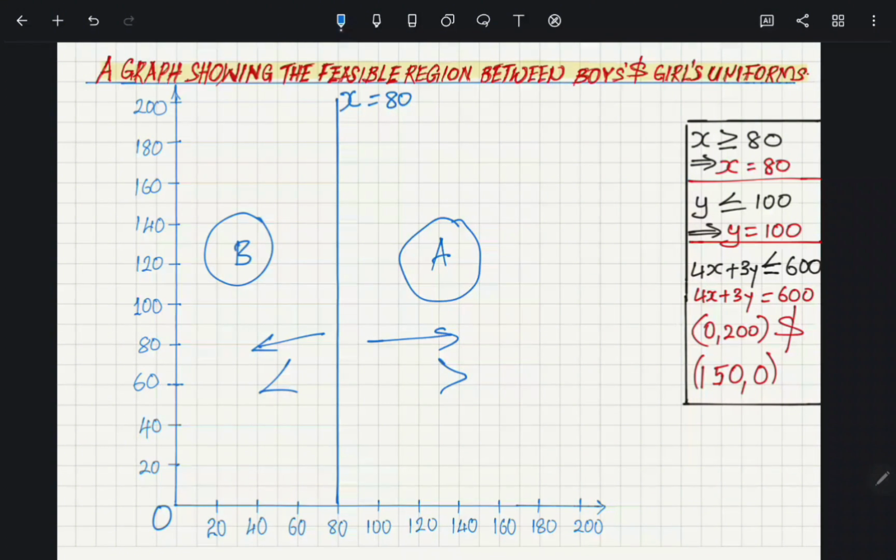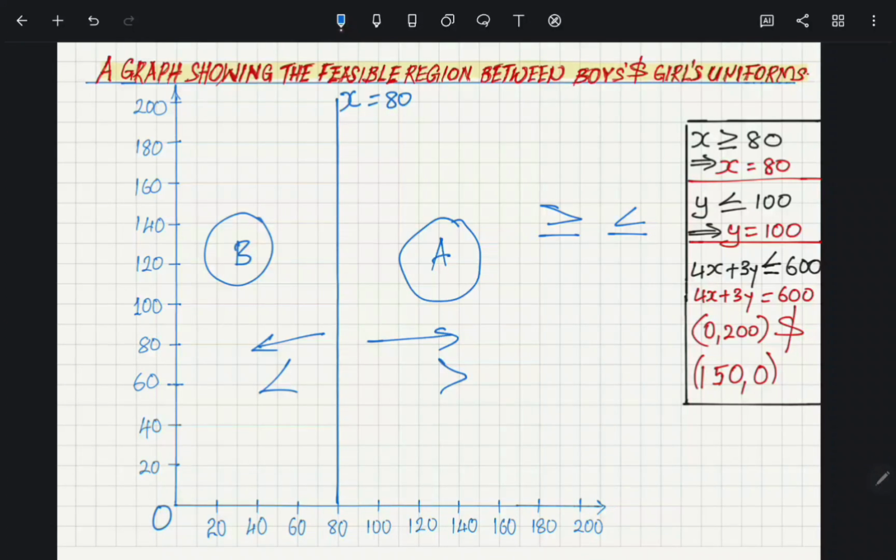We want to keep the area that satisfies our inequality, and our inequality is very clear that x has to be greater than or equal to 80. And remember, we said earlier that if the symbol is greater than or equal to or less than or equal to, we have to use bold lines. So we already drew our line, and x equal to 80 is a bold line.